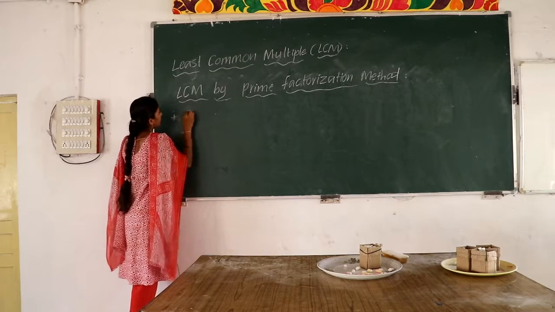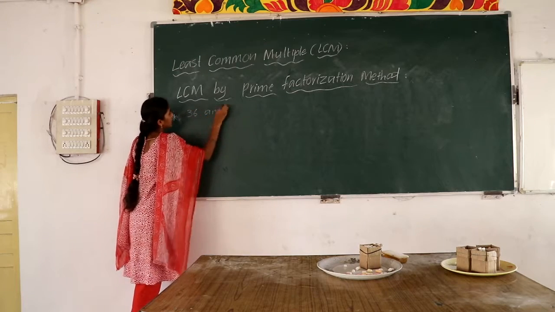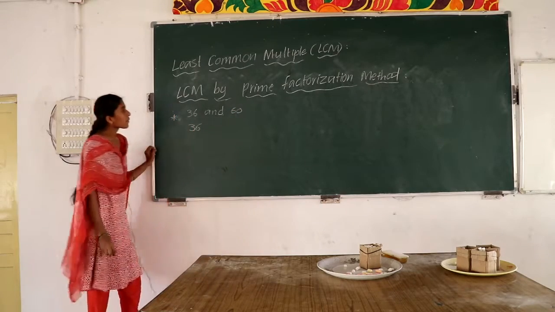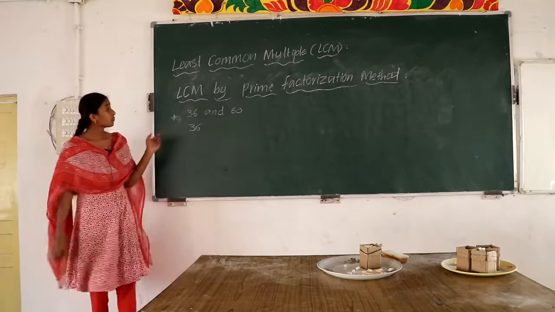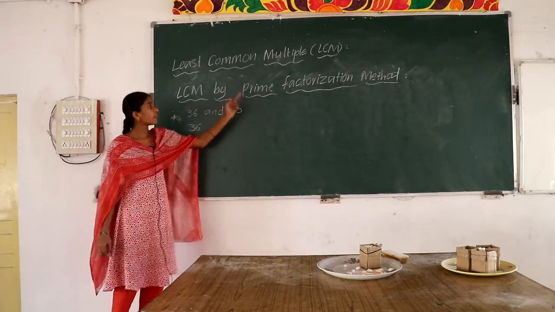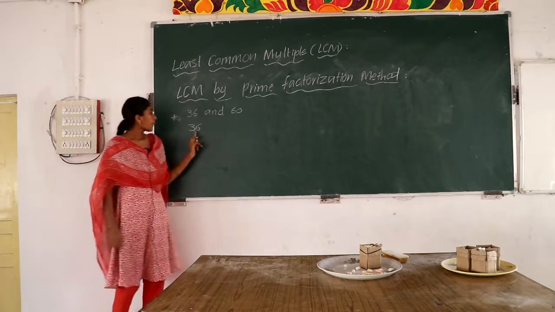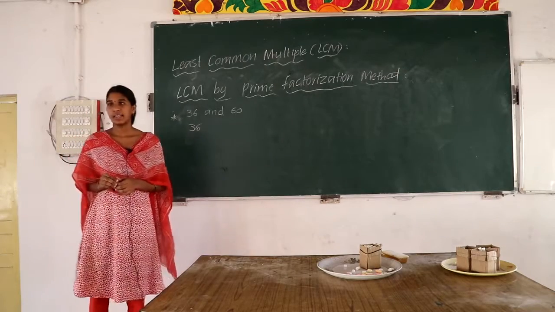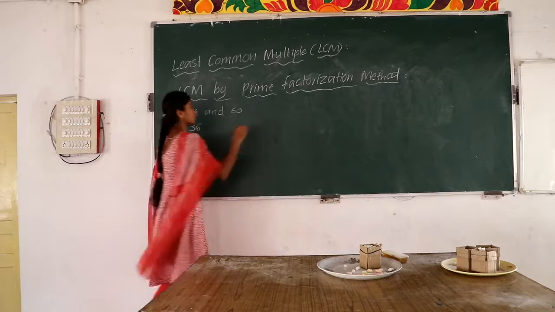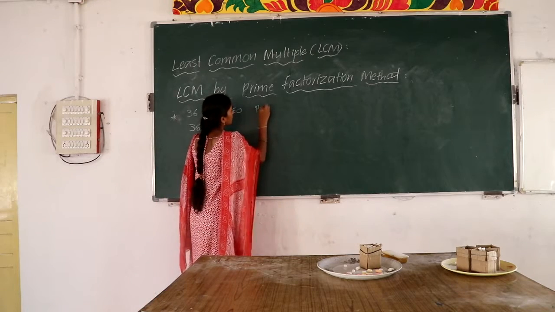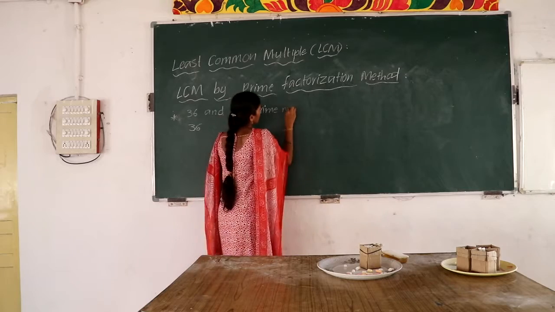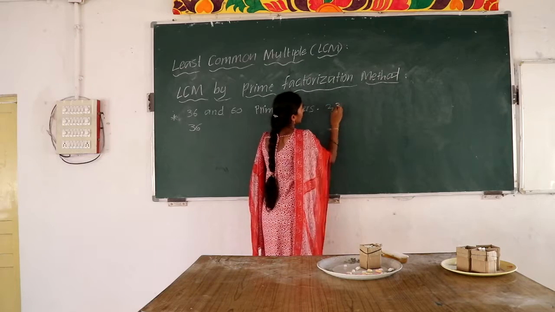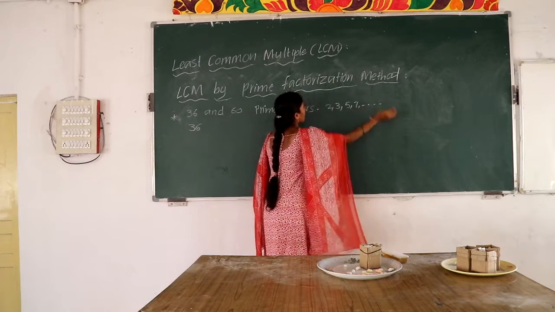The first one is 36 and the second one is 60. First we take 36. LCM by prime factorization method. Do you know prime numbers? Yes. What are they? Prime numbers: 2, 3, 5, 7, and so on.